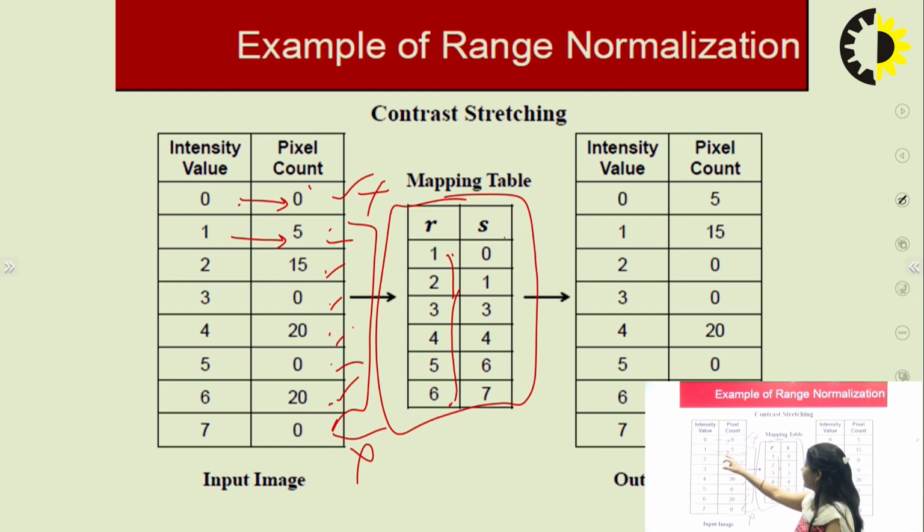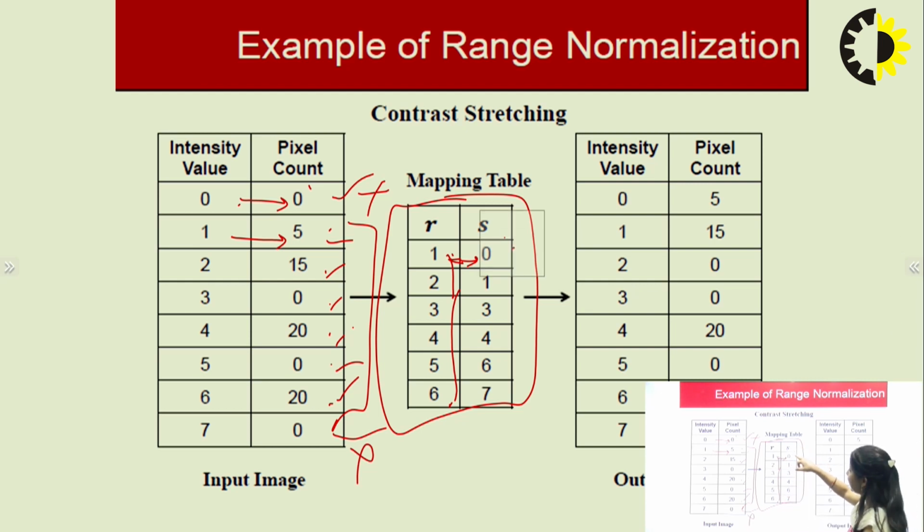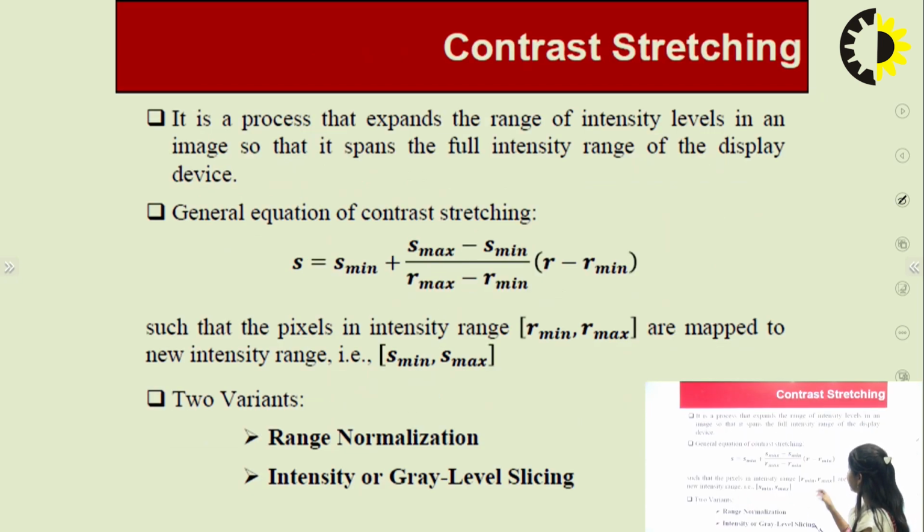Now see here, we have the value 1, and we convert it into the transformed value 0. For intensity 2, we convert intensity 2 into 1. These values occur with this formula.